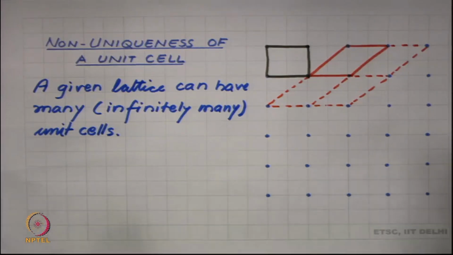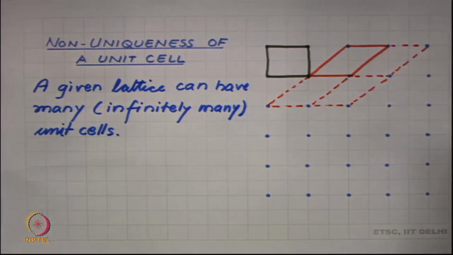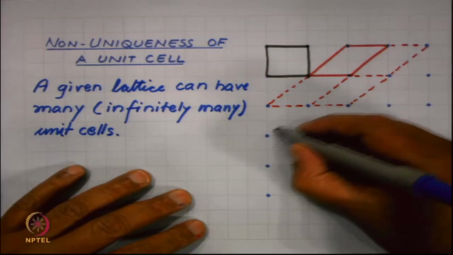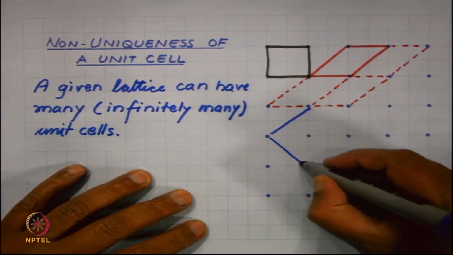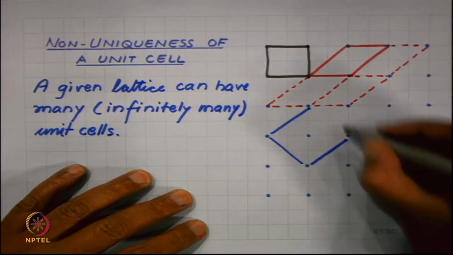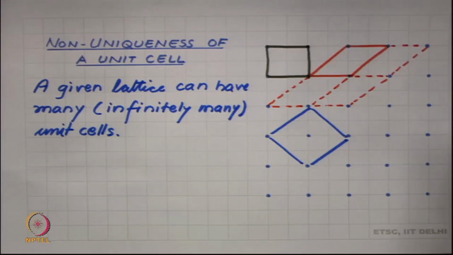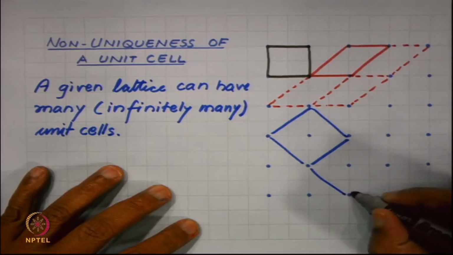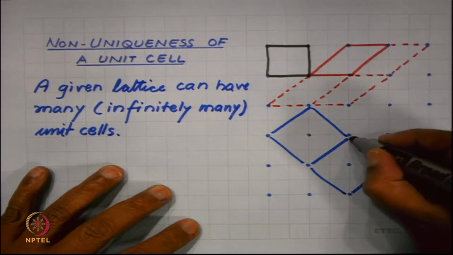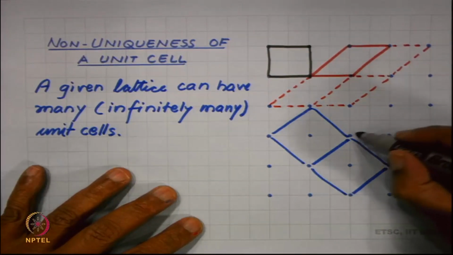Also, we can select larger unit cells. For example, if I so wish, I can select a larger square, in which now lattice points are not only at the corners, but also in the center of the square.